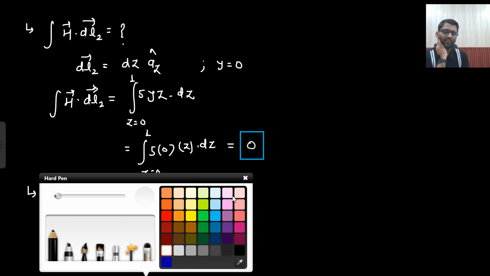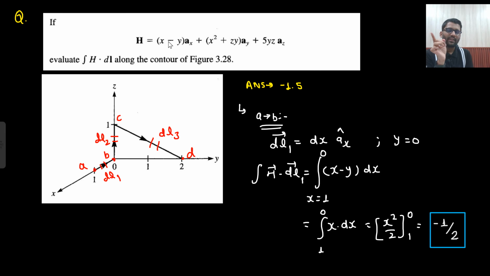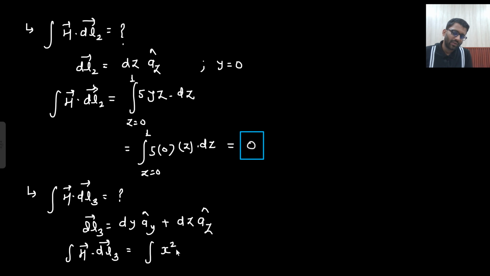So what am I going to write? H dot dl3. Whatever H is, dot dy ay cap plus dz az cap. So y will be multiplied with y, z will be multiplied with z. So (x square plus zy) ay cap dot dy ay cap, plus 5yz az cap dot dz az cap.